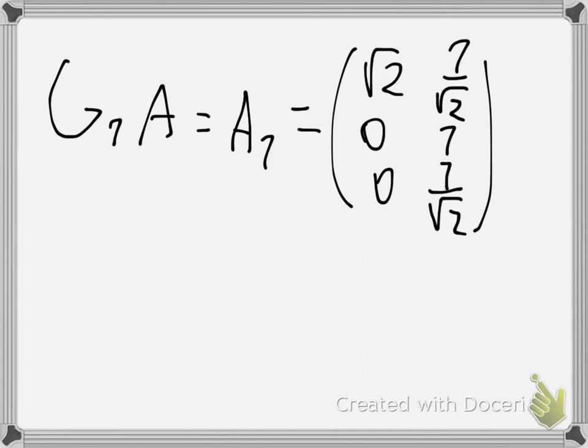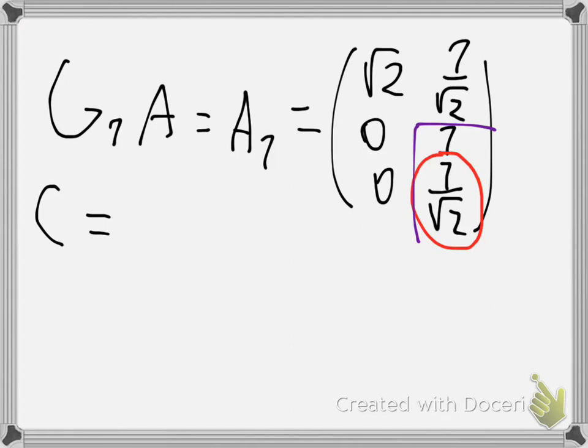Now we want to eliminate this element here. So our cosine will be given by, remember you have to consider the submatrix in order to avoid problems.